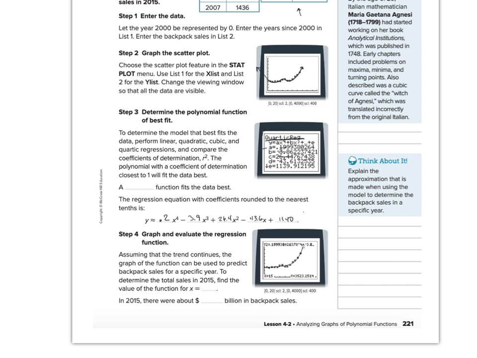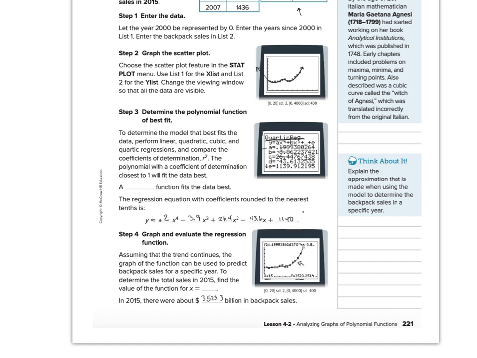Now you can go in and graph that, and you can see it would overlay your scatter plot points. And then in 2015, we could look at our table data, and in 2015, it is going to be 3,523.3 billions of backpack sales.